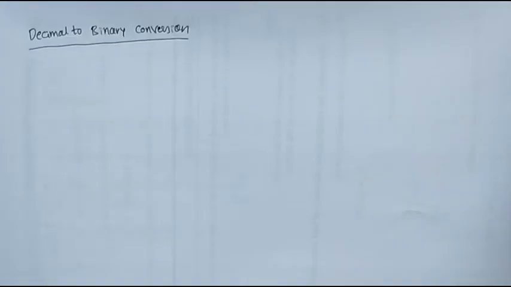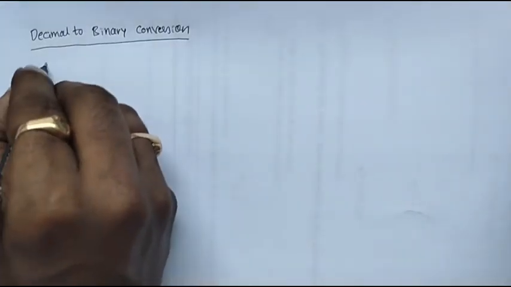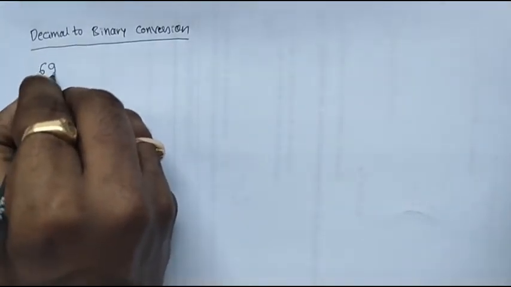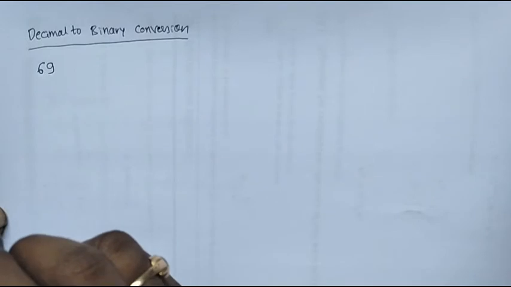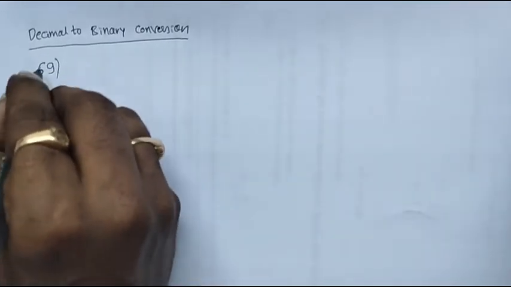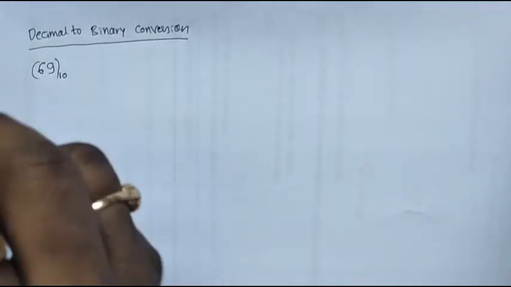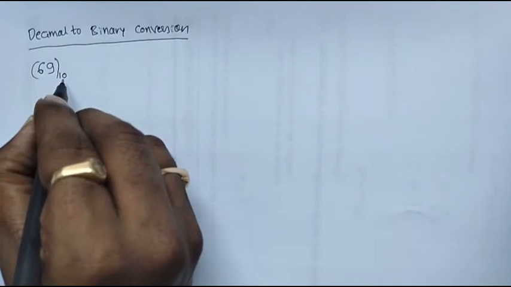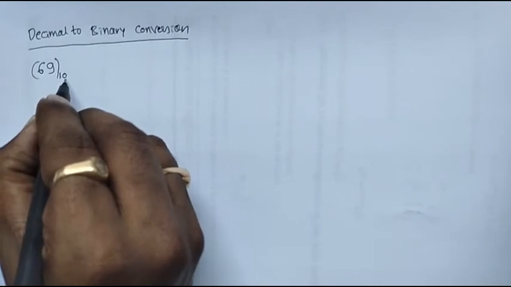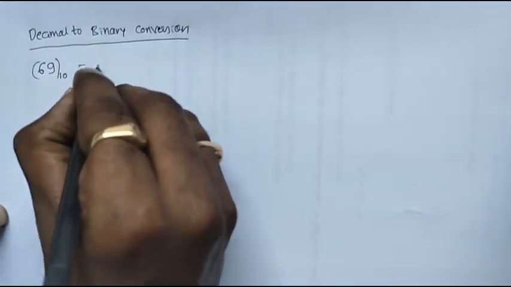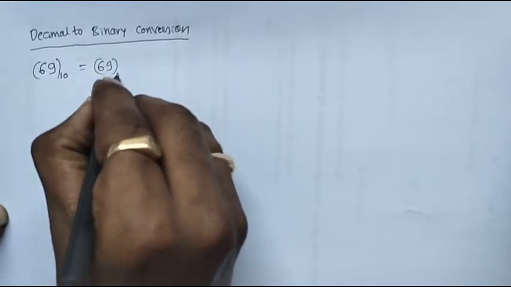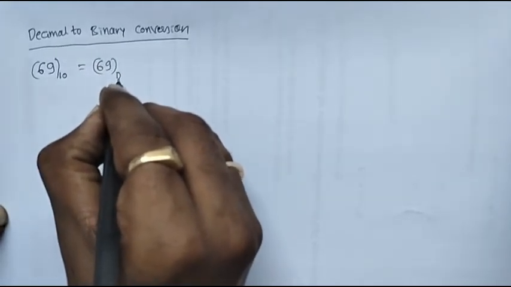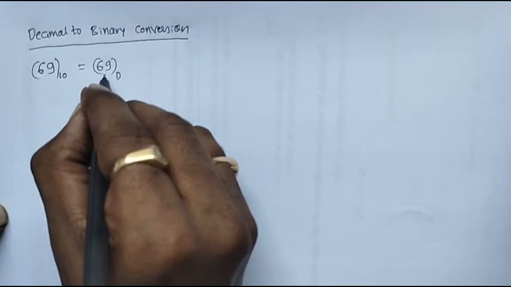Now let us see how to convert given decimal number into binary number. Suppose we have a decimal number 69, it can also be represented as 69 base 10. This 10 indicates base of decimal number system, or it can also be represented as 69D, D for decimal, that is given number is in decimal form.